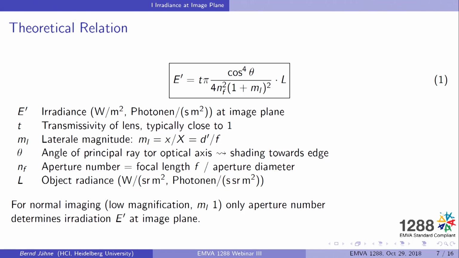Well, you may ask yourself, if I, for instance, double the focal length, then also the diameter of the aperture will be twice as large, and so we will receive 4 times as much light. So the brightness, or the irradiance, should be 4 times larger.